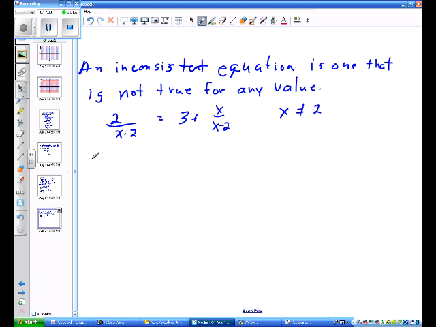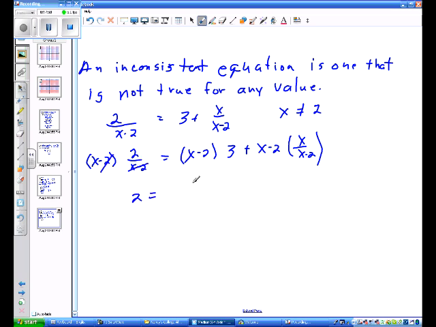So if we go through and we multiply by our common denominator of x minus 2, the x minus 2's cancel and we end up with 2. Using our distributive property, 3x minus 6. Our x minus 2's cancel, so we have x.